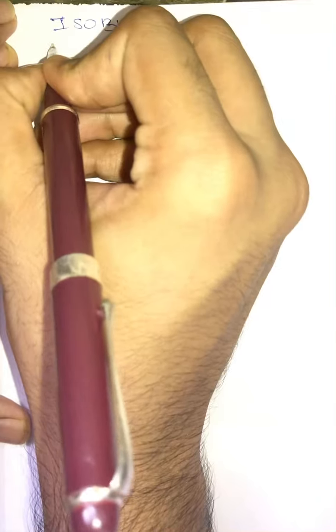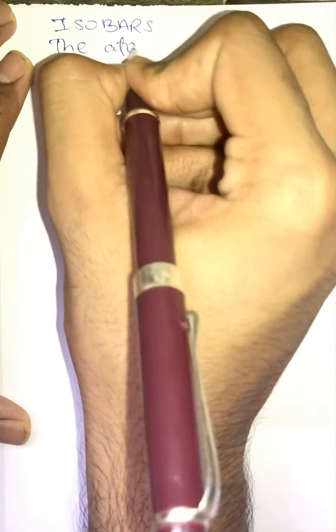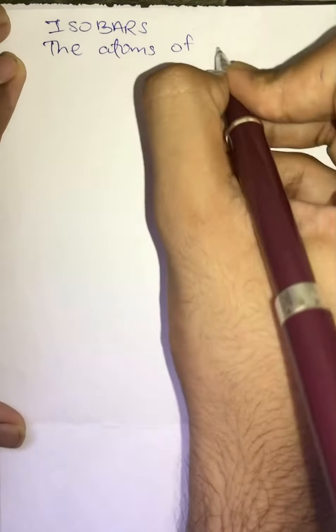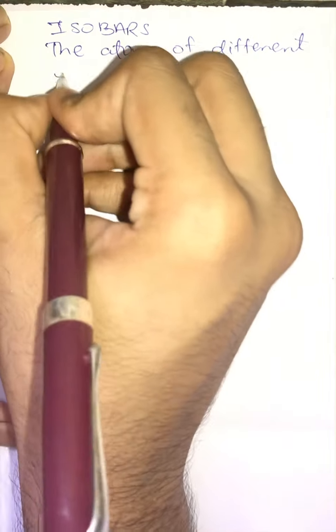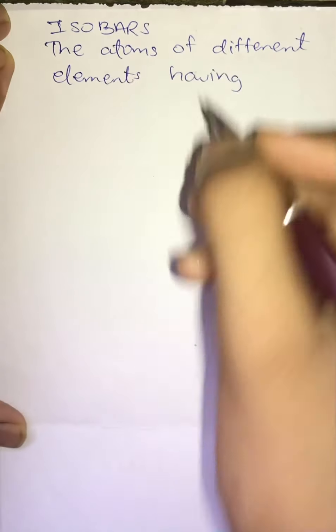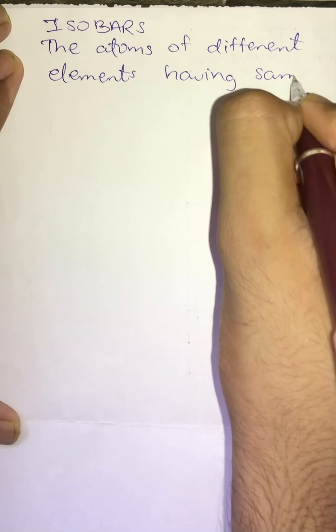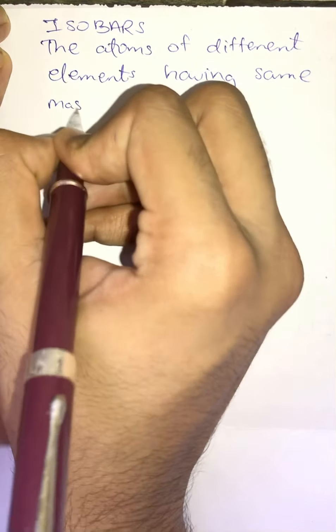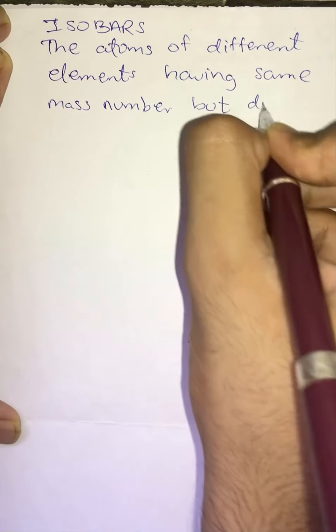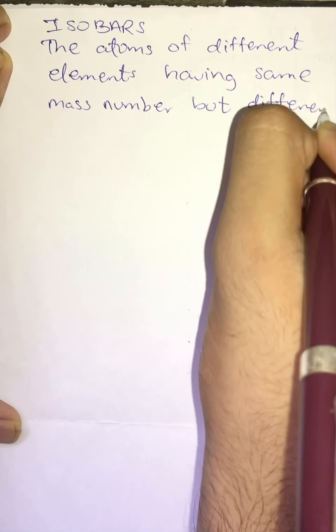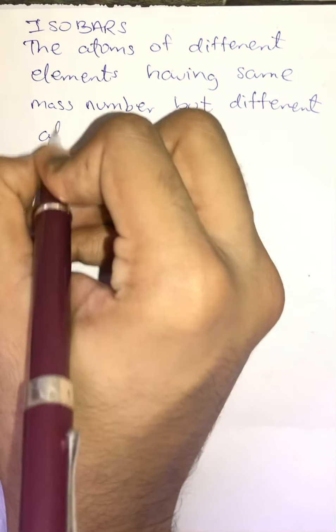Now isobars is a little bit of a contrast to isotopes. Okay, so in this what we have, the atoms of different elements having same mass number but different atomic number.